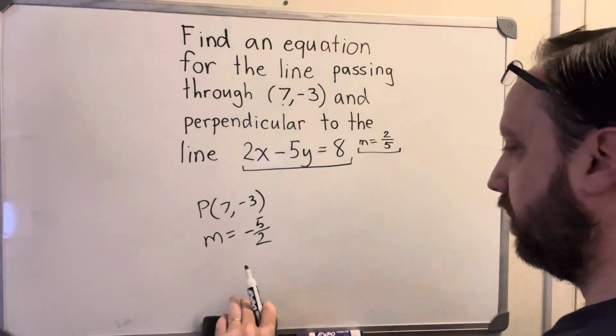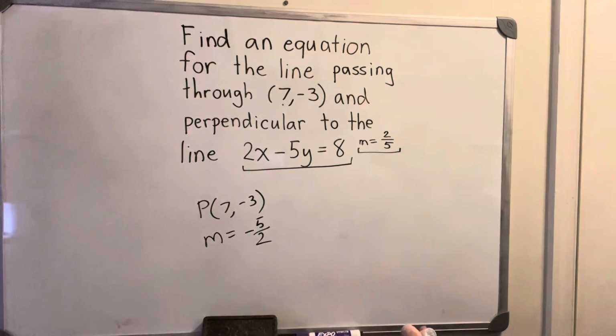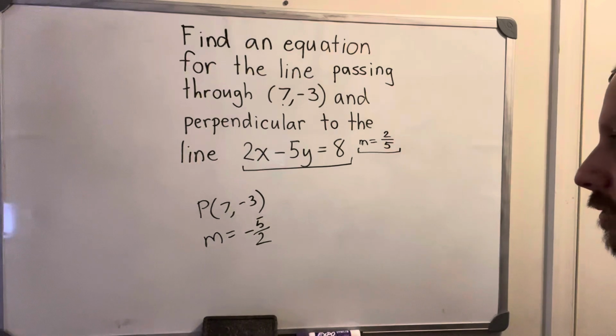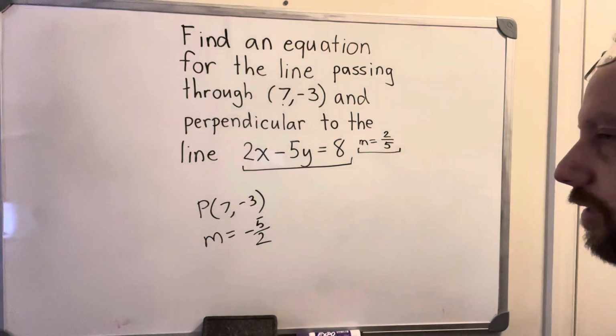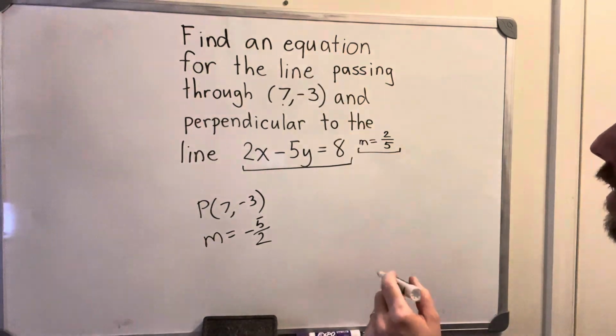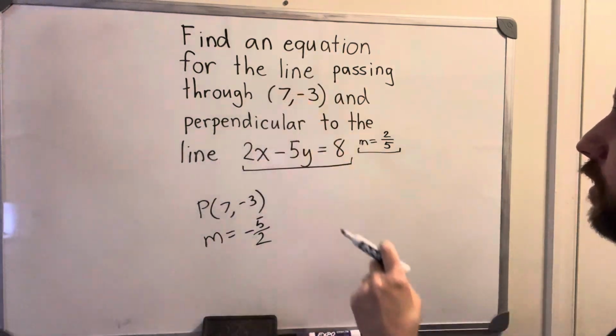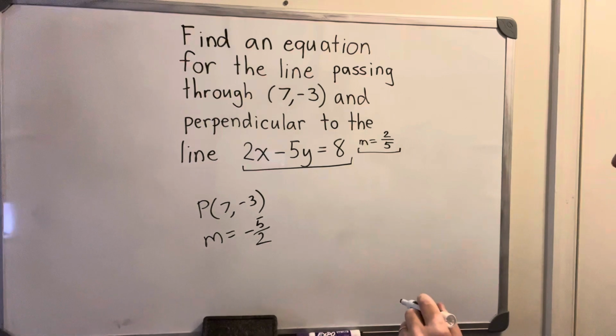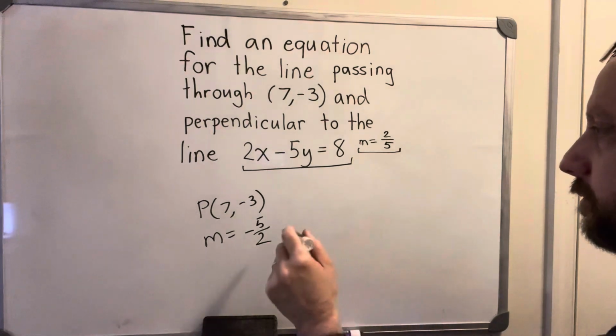Which is the most natural equation for a line to use? Would you use the slope intercept, or the intercept form, or the point slope? The point slope is the easiest, and they didn't state in this problem which form to put the equation of the line in, so we might as well use the easiest one.